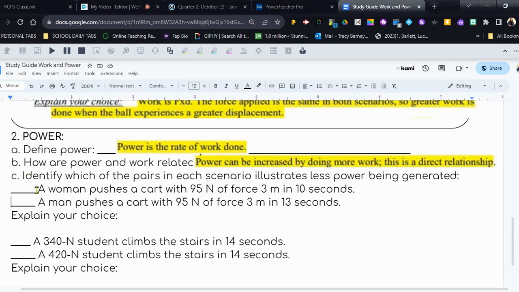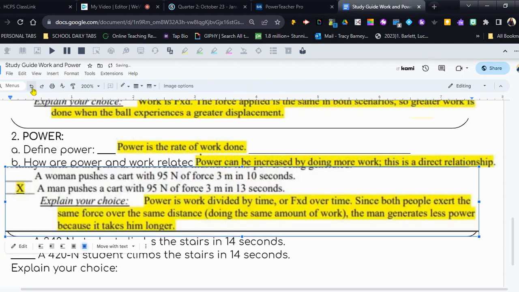Letter C, you are now supposed to identify which of the pairs in each scenario illustrates less power being generated. Okay, not more, but less power being generated. So our first example, a woman pushes a cart with 95 newtons of force 3 meters in 10 seconds. Or a man pushes a cart with 95 newtons of force 3 meters in 13 seconds.